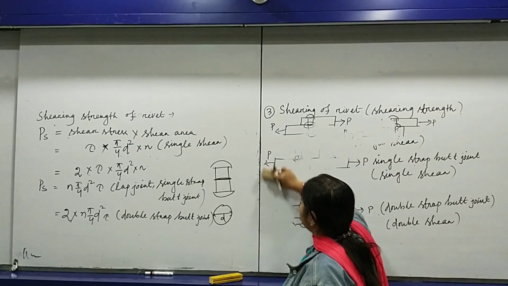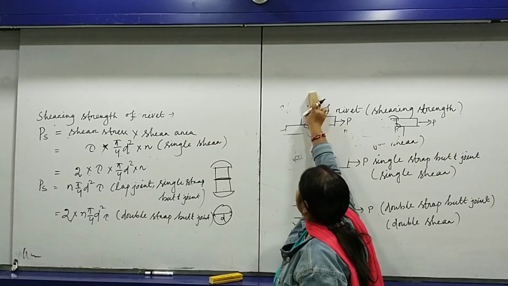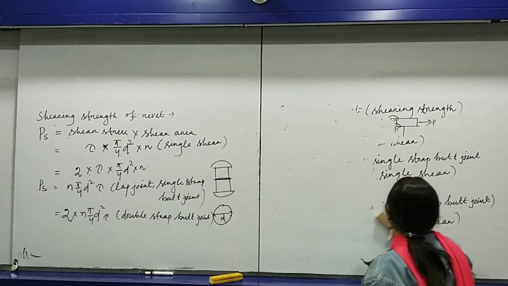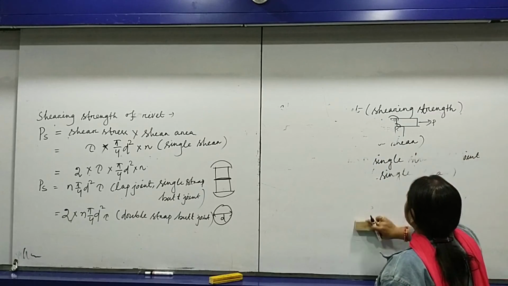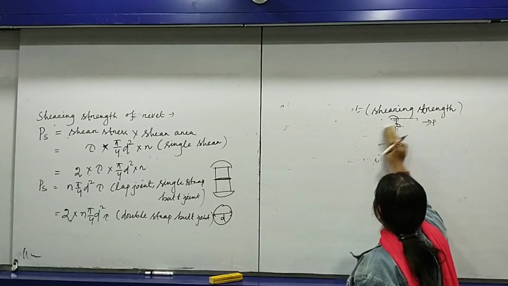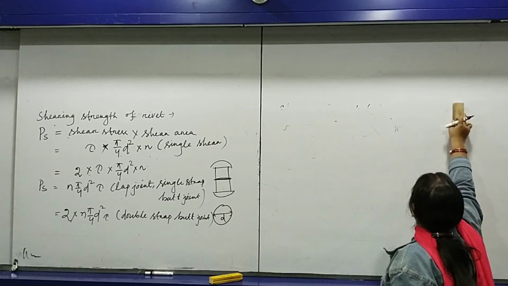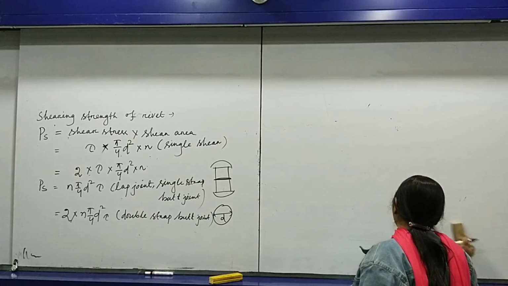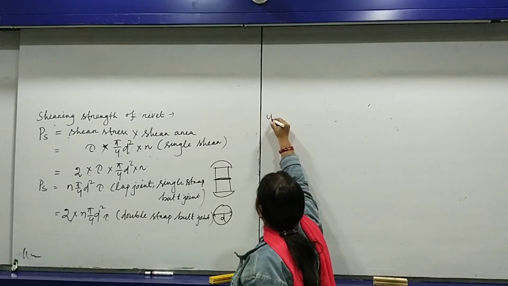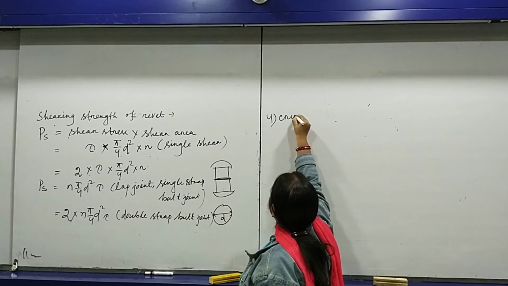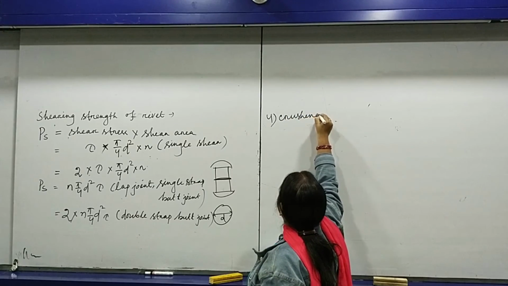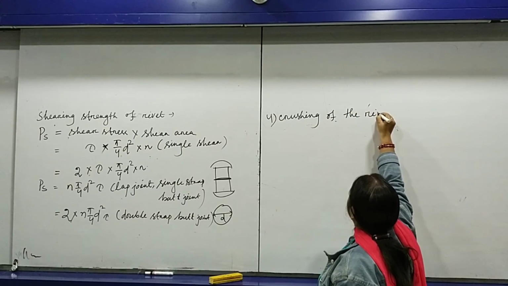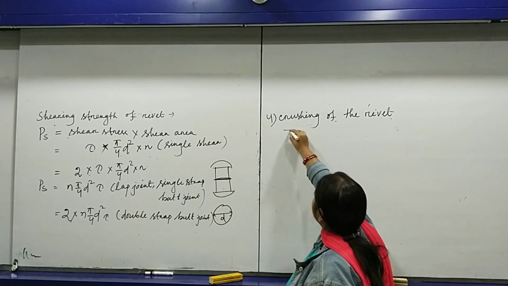Lastly, we study the crushing of the rivet, or crushing failure of the rivet. So the last type of failure is crushing of the rivet. So what is crushing?